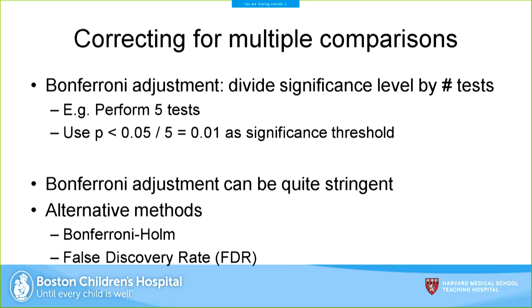Instead of using a p-value threshold of 0.05, you divide this by 5, so you make it more stringent. You need a p-value less than 0.01 to be statistically significant. This has been broadly applied. It's fairly stringent, so it's a very conservative threshold. There are some alternative methods, which I'm not going to talk about. I just want to highlight the Bonferroni-Holm method and the false discovery rate.